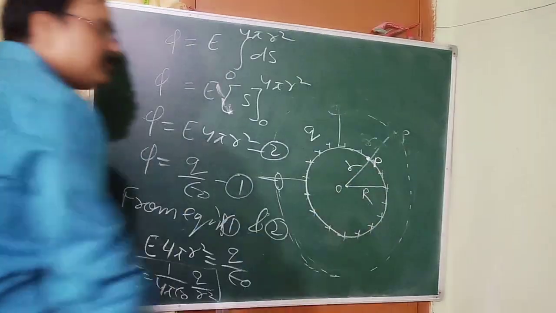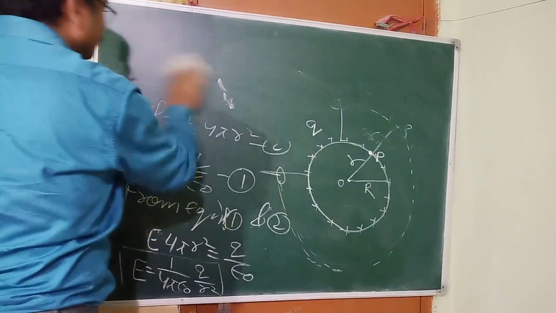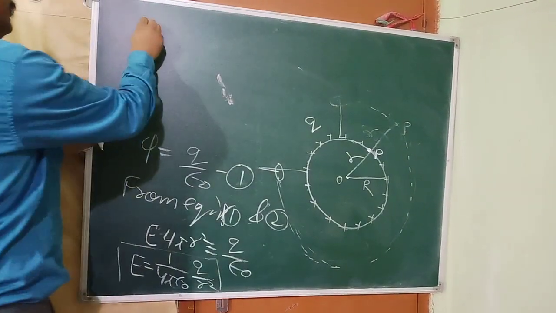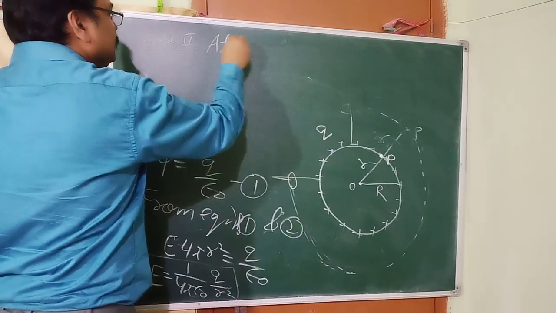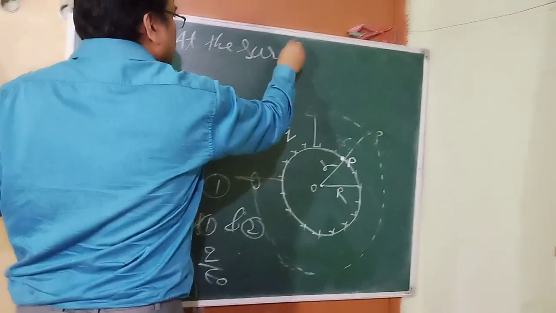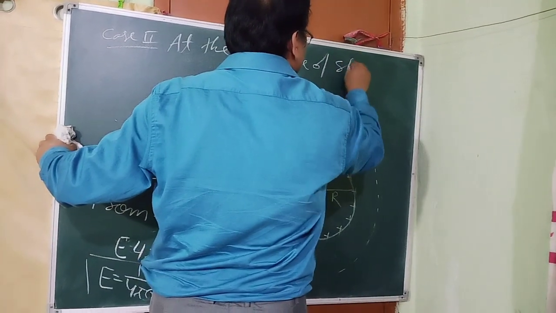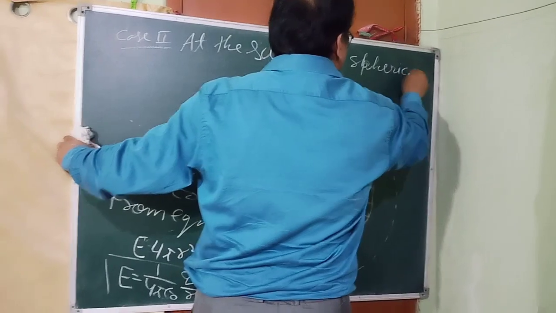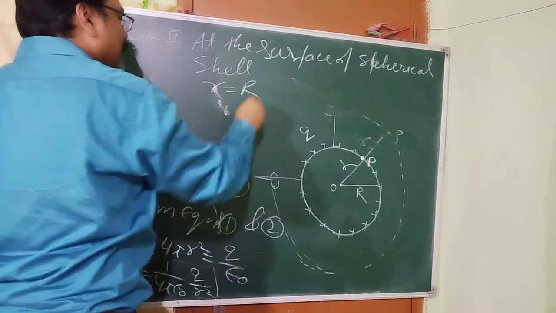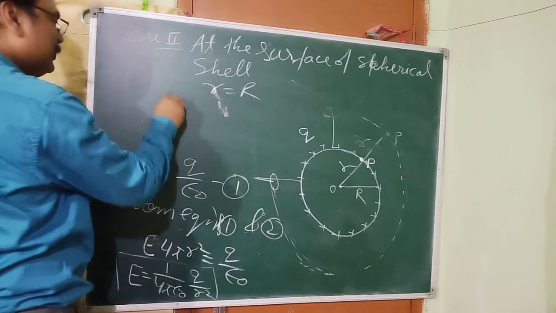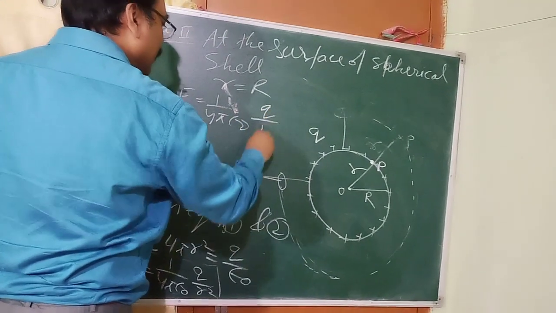Then small r will be equal to capital R. So for case 2, at the surface of the spherical shell, small r is equal to capital R. So directly you can write from here, it will be 1 by 4 pi epsilon naught Q upon r square.